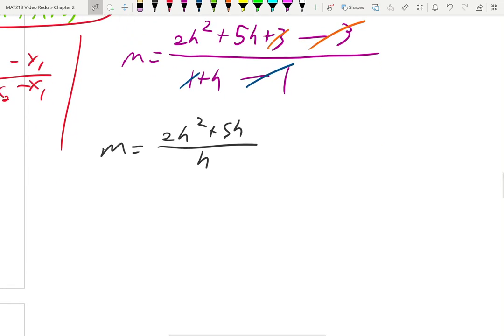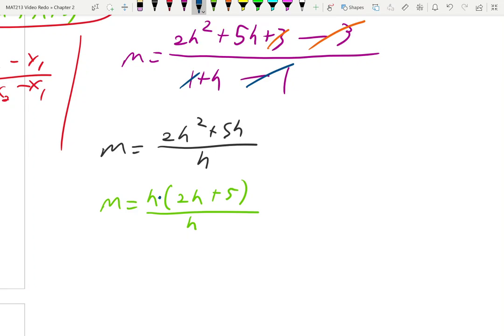Now I have the opportunity to factor, because in my numerator, I have an h in each term. So I'm going to factor out an h, leaving me with 2h plus 5. Common multiples are greatest common factor. So they each have an h, and I'm going to take that out. And now in my denominator, I still have my h. Now I'm able to divide because I was able to factor.